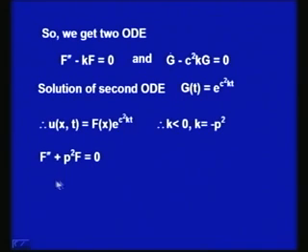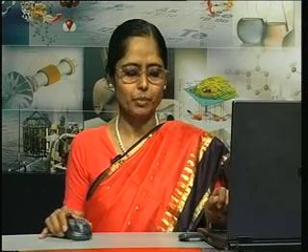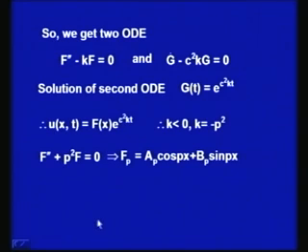We do know its general solution is a times cos p x plus b times sin p x. Since we are using this p, we write the constants as a p and b p, depending upon whatever p would be. To find out this a p and b p, we have to write the complete solution and then use the initial condition.